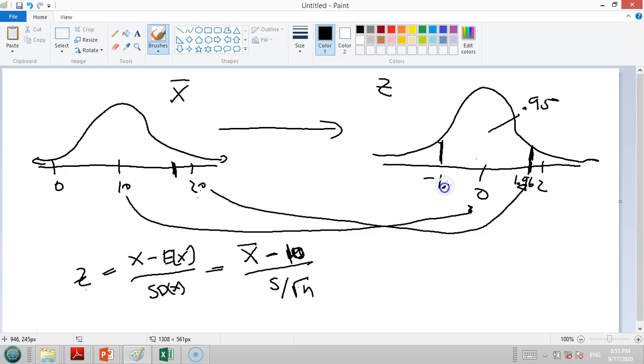This is negative 1.96. So if I get something like 2 or greater than 1.96, this is the rejection region here. So I'm going to reject the null, right? And this is 1.96 here. The 20 corresponds to the 2, probably, okay? I don't know. It depends on the sample size and the standard deviation, okay?